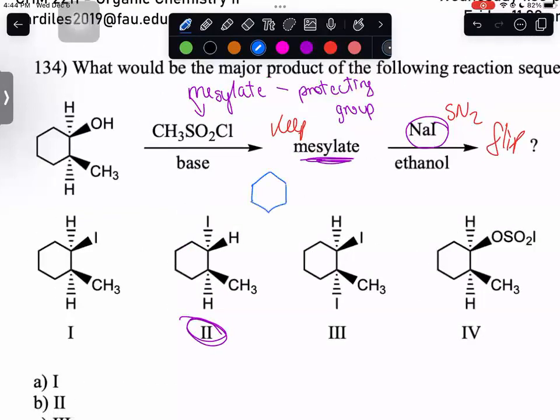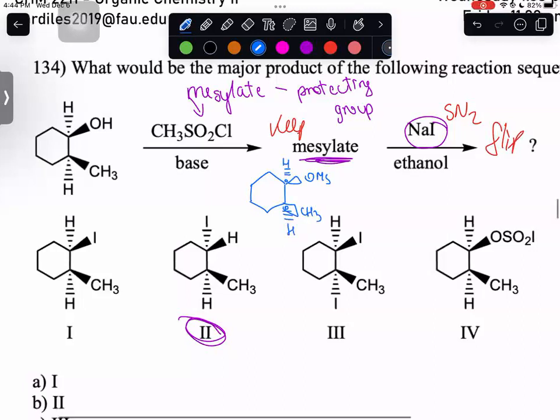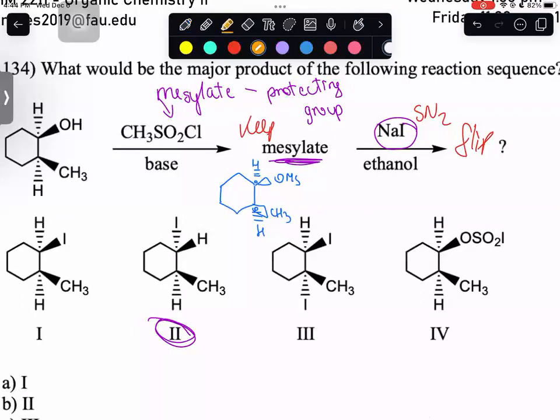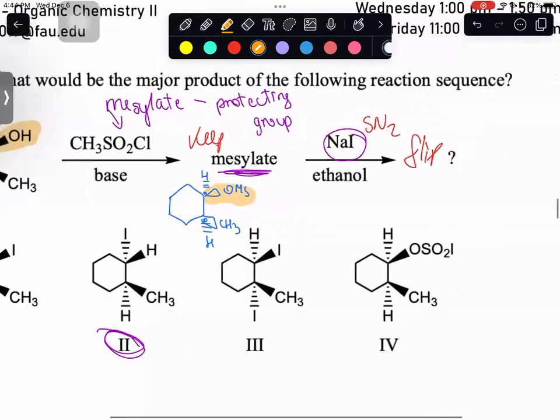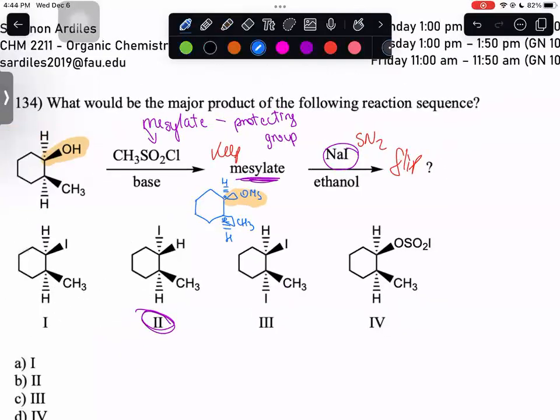Okay, so let's draw the first one. Again, I'm preserving the stereochemistry in there. I'm just replacing OH with O and mesylate. Exactly.